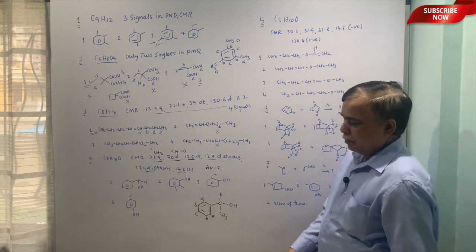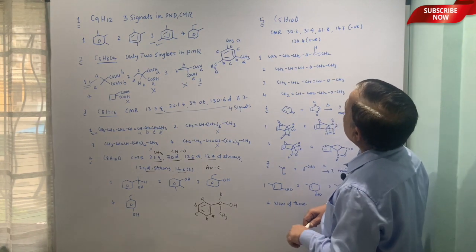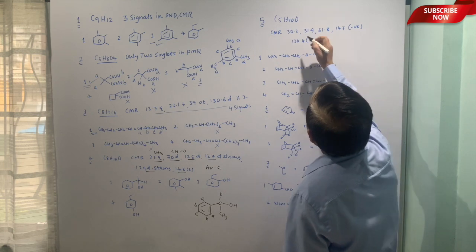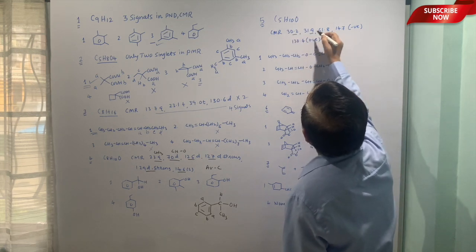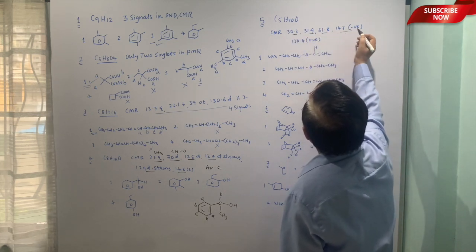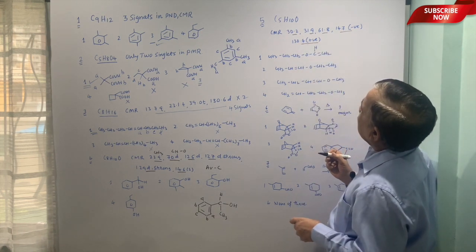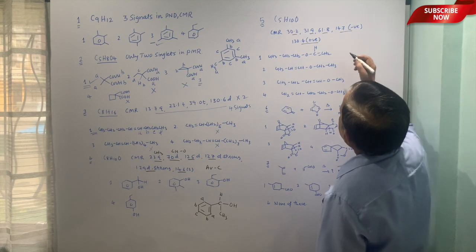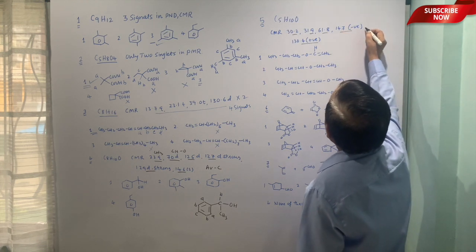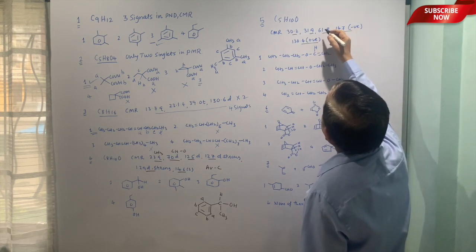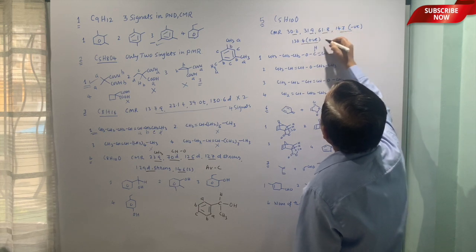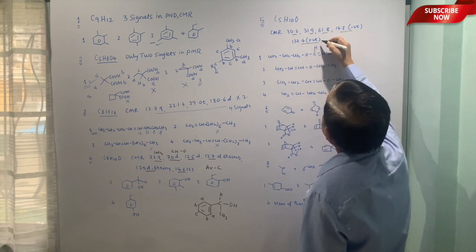Now moving on to the fifth example, C5H10O, 30.2, 31.9, 61, and then negative means, and positive only one is there.